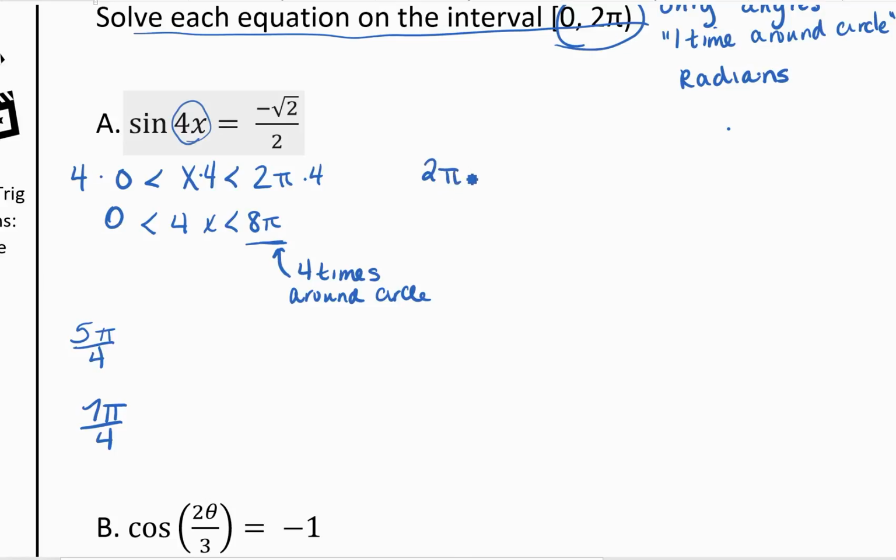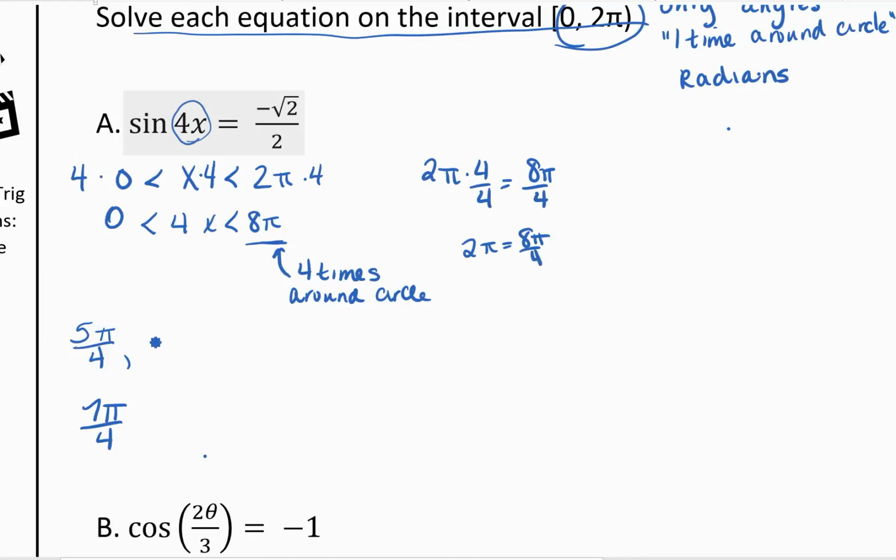If we multiply by 4 over 4, we get 8 pi over 4. So 2 pi is equal to 8 pi over 4. Since this is in fourths, we're going to add 8 pi over 4 to each of these. And so really we're just adding 8 in the numerator.